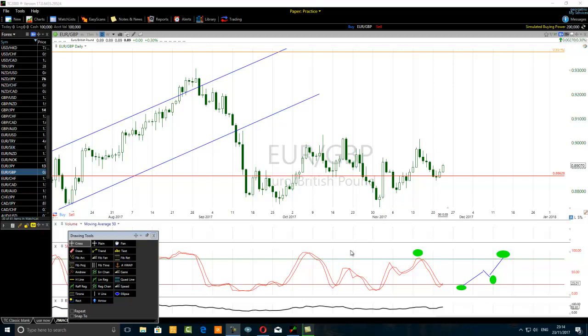And I was saying to traders that if the long-term trend is bullish and there is a pullback, we go to the medium-term time frame, and we wait for the medium-term trend to align with the long-term trend.